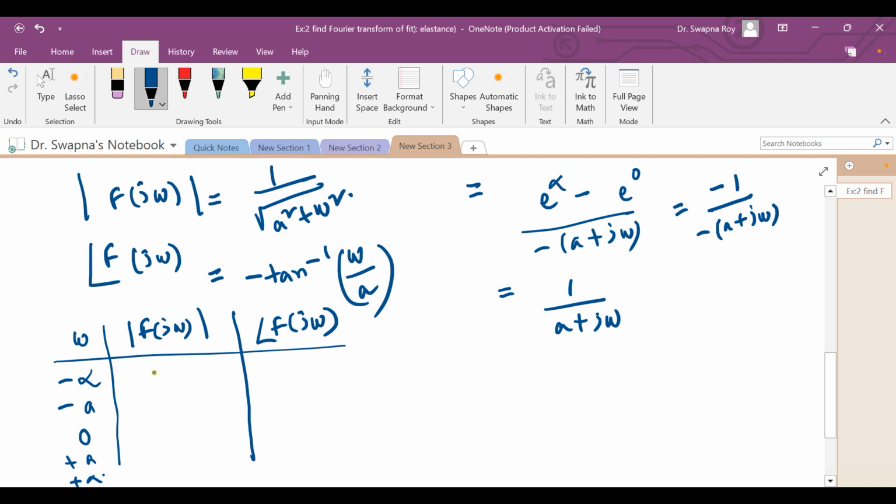The magnitude of F(j omega) is equal to 1 upon the square root of (a squared plus omega squared). So if omega is equal to minus infinity or plus infinity, the magnitude will be 0, since 1 upon infinity is 0. And tan inverse of infinity by a, tan inverse infinity, is equal to 90 degrees.